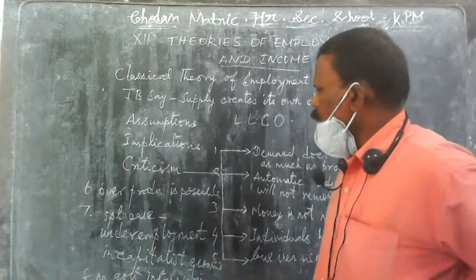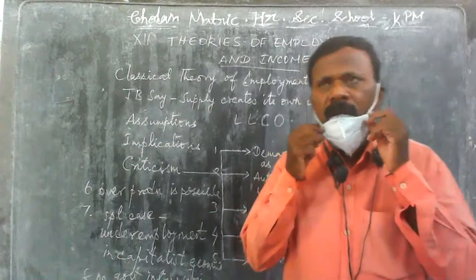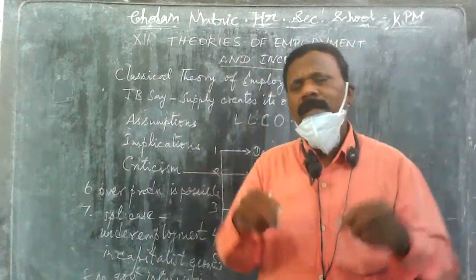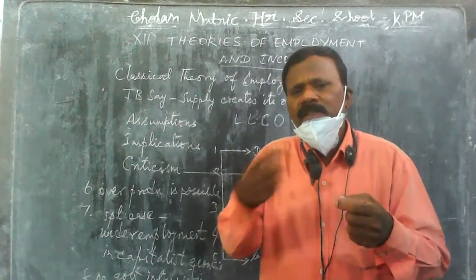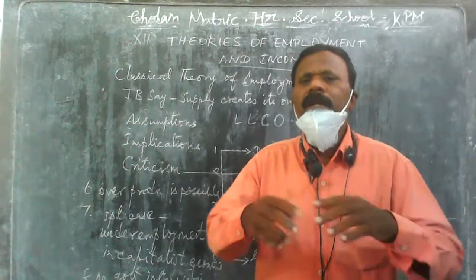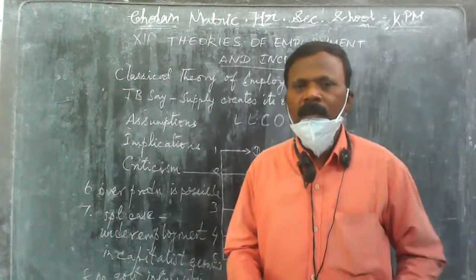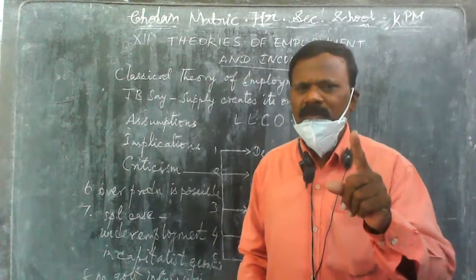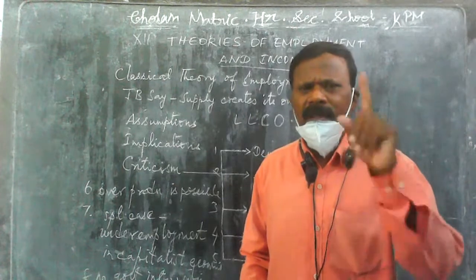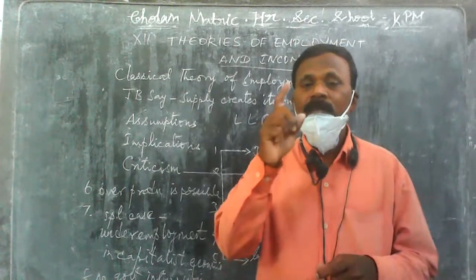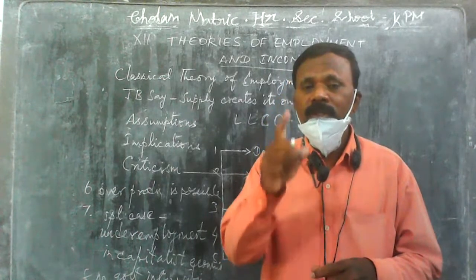Next, overproduction. Say's law is based on the proposition that supply creates its own demand and there is no overproduction. This is what they say. But Keynes significantly attacked this law and said that overproduction is possible.